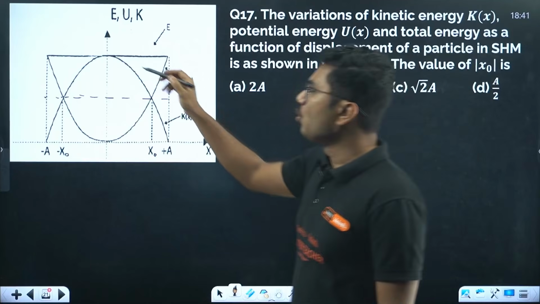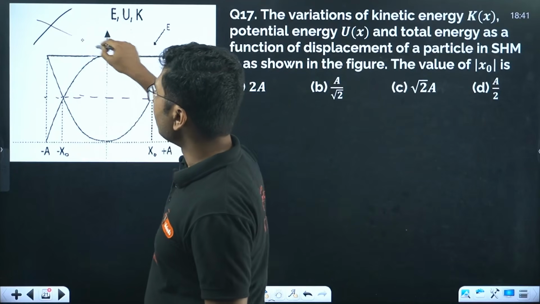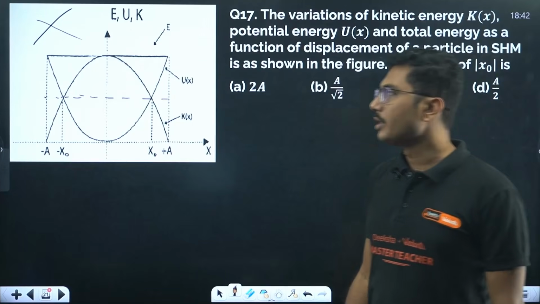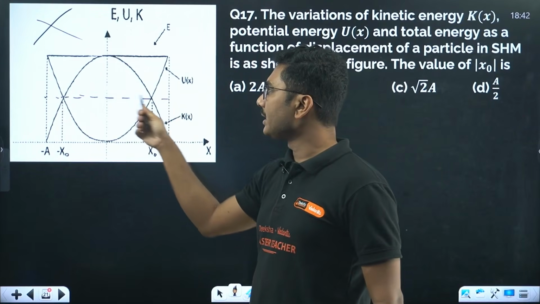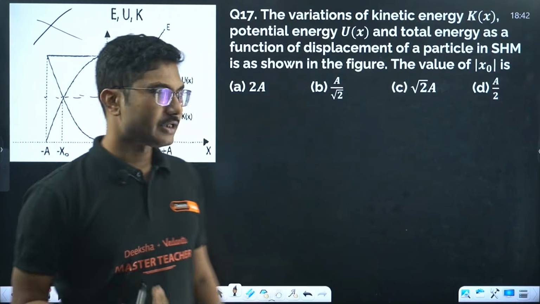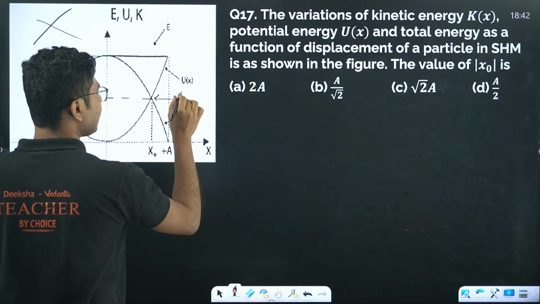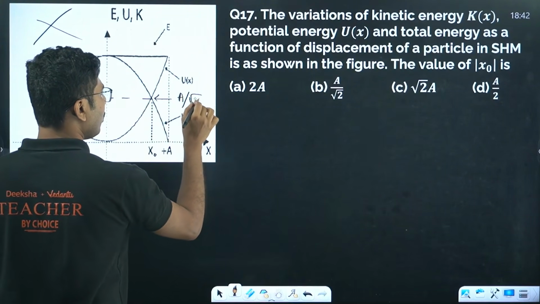When two curves meet at a point, that means they must have the same value at that point. So here they are intersecting, that means kinetic and potential energy are the same, and they become the same at a distance equal to a upon root 2.